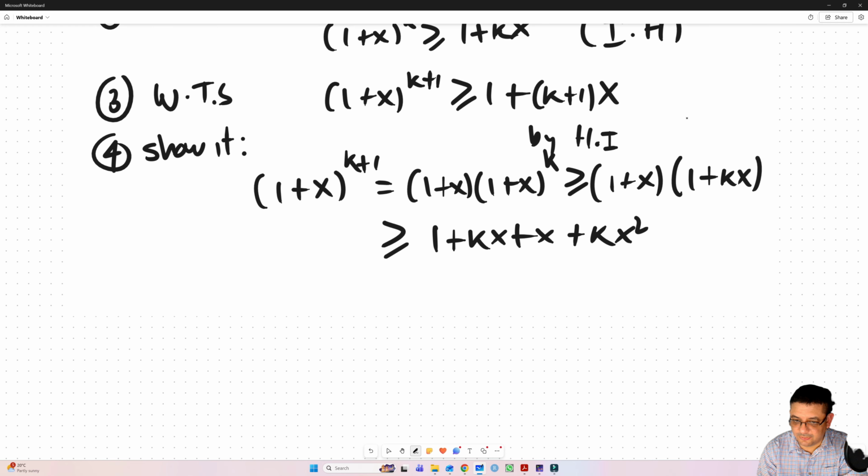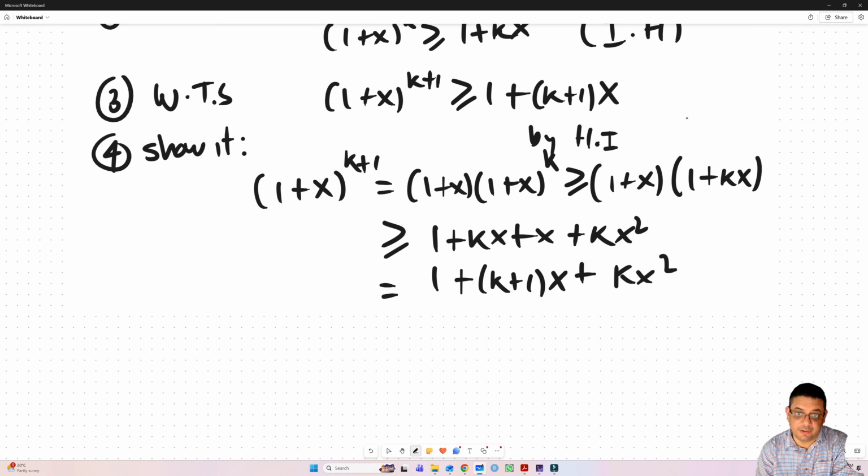But now I can just put something together. This is equal to 1 plus k plus 1 times x plus kx squared. But notice, this is the term that we wanted. And this is actually something larger because we have some extra stuff. So this is clearly going to be bigger than or equal to 1 plus k plus 1 times x.